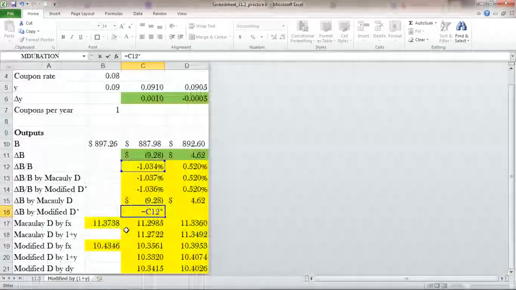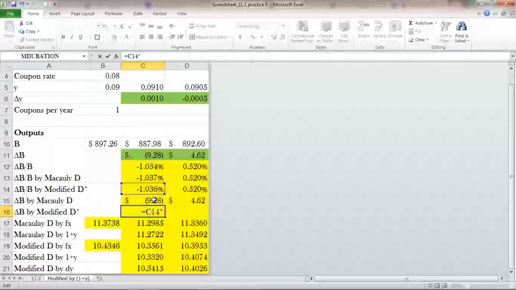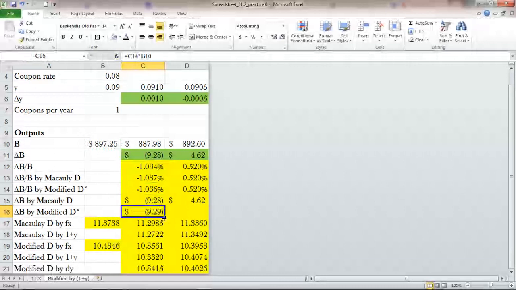So not C12, but this times B. There you go. And then you drag it to the right.